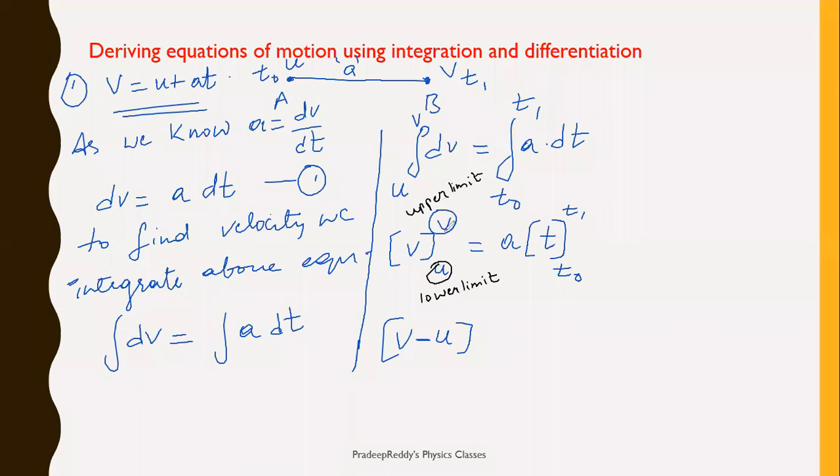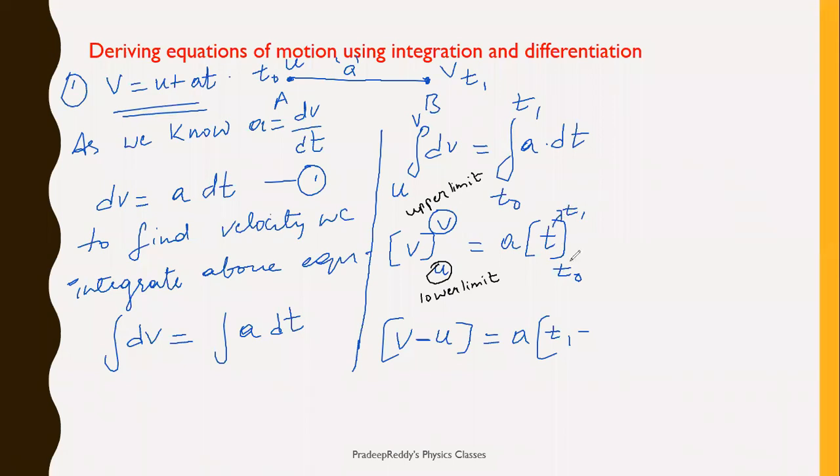So whenever you are substituting limits, upper limit minus lower limit, that is the default. You should take it as upper limit minus lower limit, which is equal to acceleration a. And what about here? Limits are from t0 to t1. Upper limit is t1. Instead of t, you should substitute the upper limit t1.